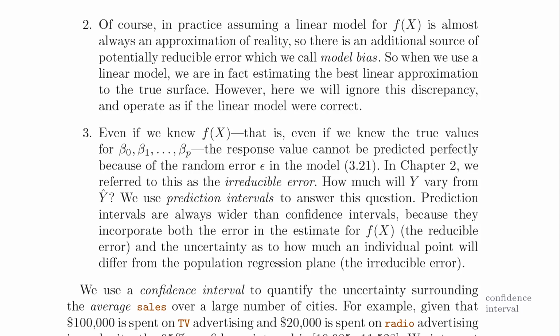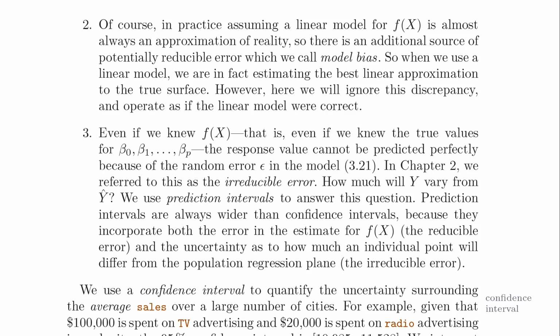Even if we knew f of x, that is, even if we knew the true values for beta naught, beta 1, beta p, the response value cannot be predicted perfectly because of the random error epsilon in the model.